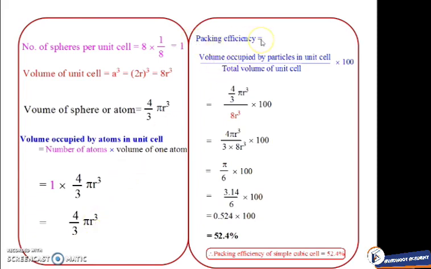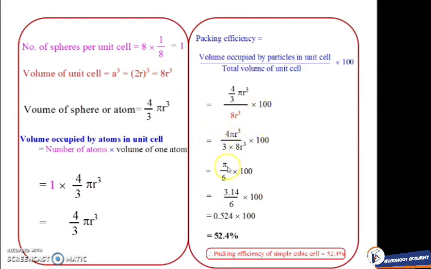Now the packing efficiency formula is volume occupied by particles in unit cell upon total volume of unit cell into 100. So this is the volume occupied by one atom in unit cell, that is 4 by 3 pi r cube, upon 8r cube, which is the volume of unit cell, then into 100.